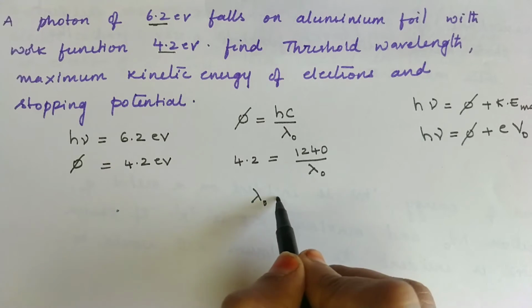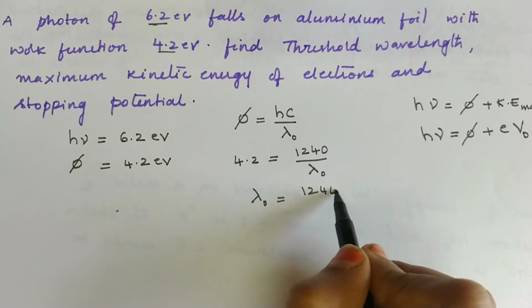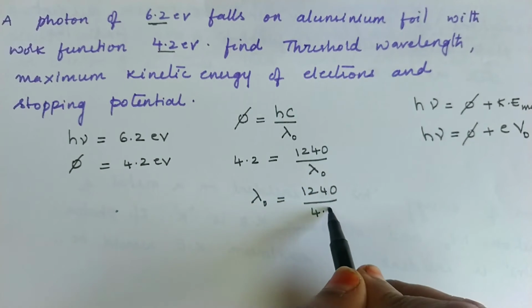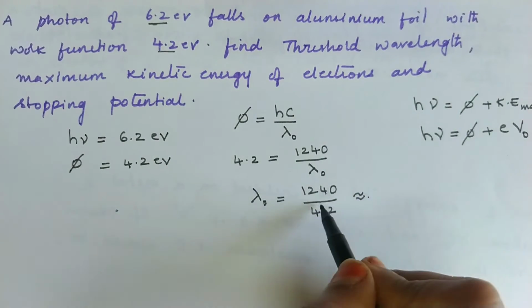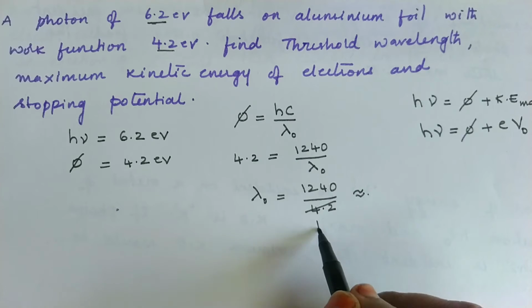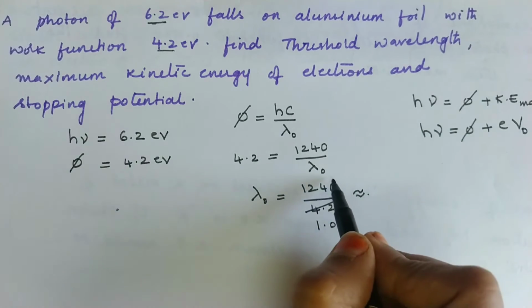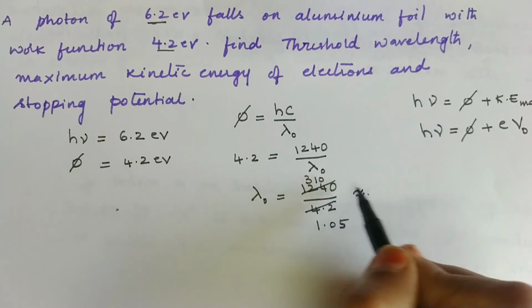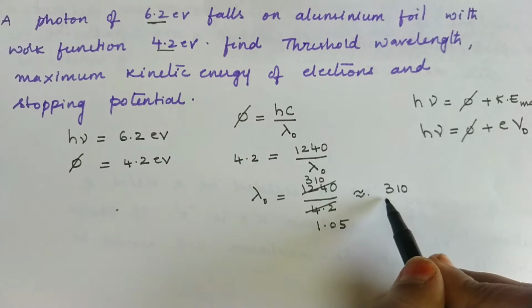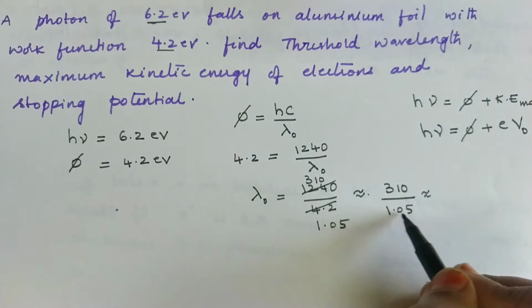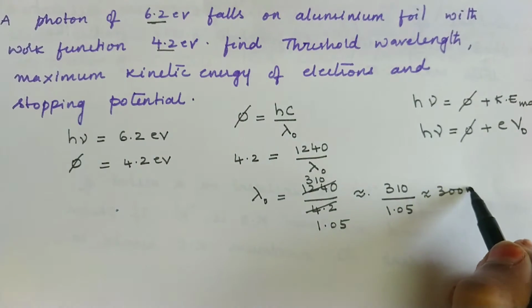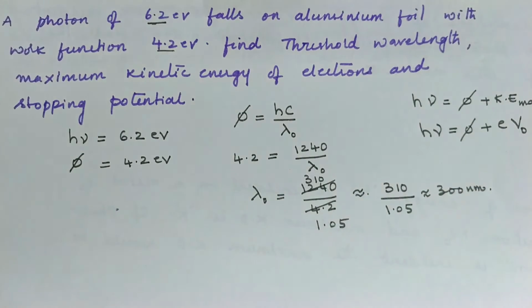So lambda naught is 1240 divided by 4.2. What is the value? It is 310 divided by 1.05, so approximately 300 nanometer.